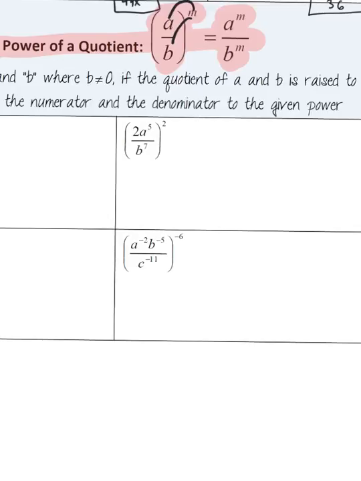Okay, next one. So I'm going to write this out a little bit easier for you to see. So this 2 is getting distributed to all these places. So I have 2 squared, a to the 5 times 2, all of that over b to the 7 times 2. Okay, on the top you really don't need the parentheses. I can erase those.